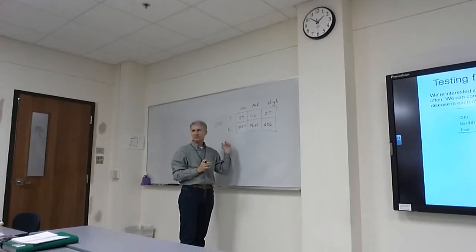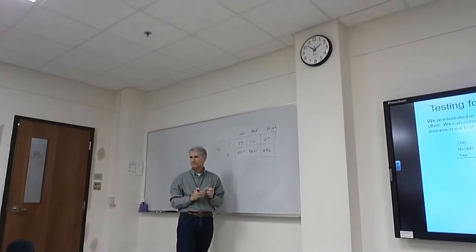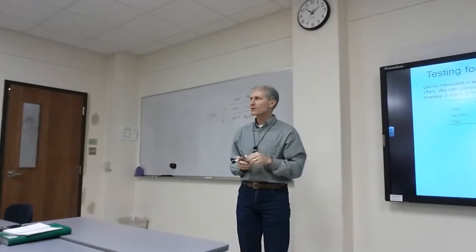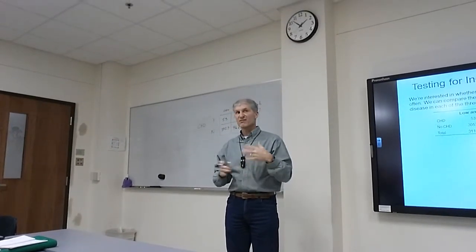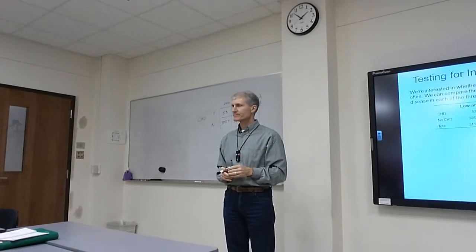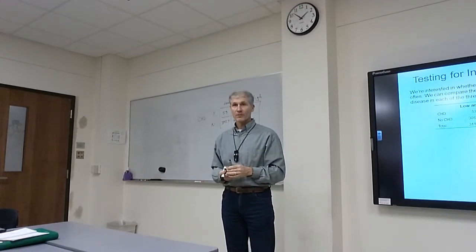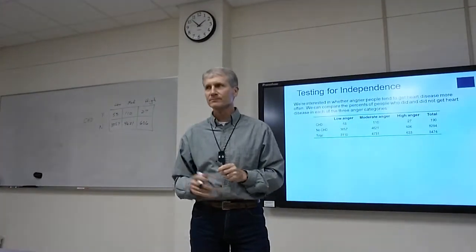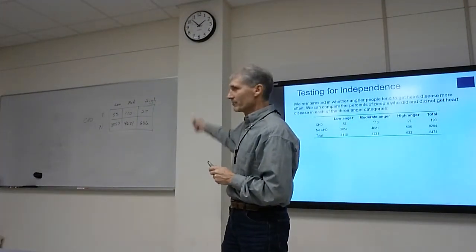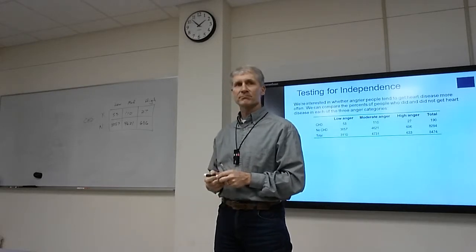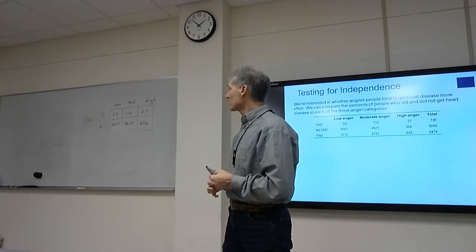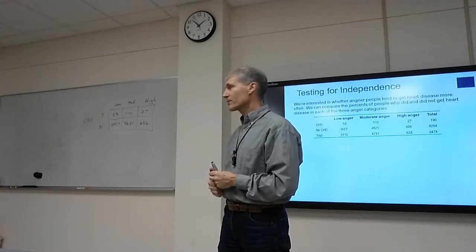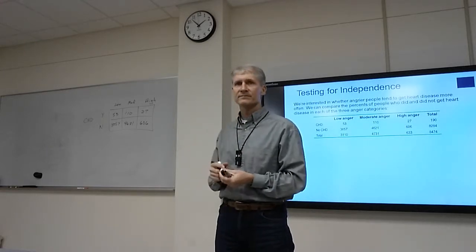Is your risk of coronary heart disease related to your anger level? Or does it really not seem to matter? Okay? So the first thing we do is what I call the eyeball test. You look at the numbers and decide, does it look like your risk, or the proportion who get coronary heart disease, is different for the different levels of anger?